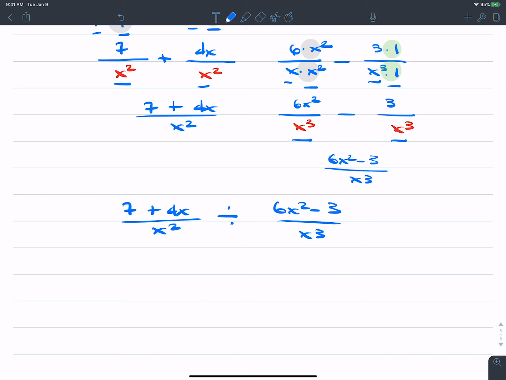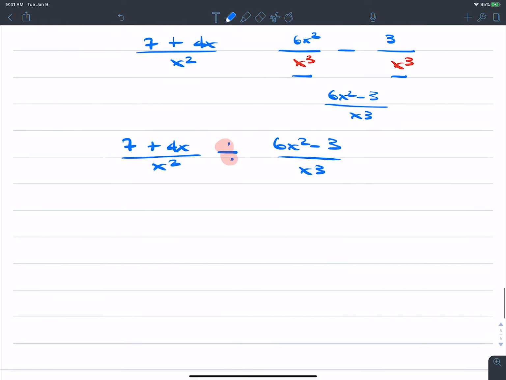This is now a horizontal definition of division. So we keep the first fraction the same, 7 plus 4x over x squared, and we multiply by the second fraction, x cubed over 6x squared minus 3.